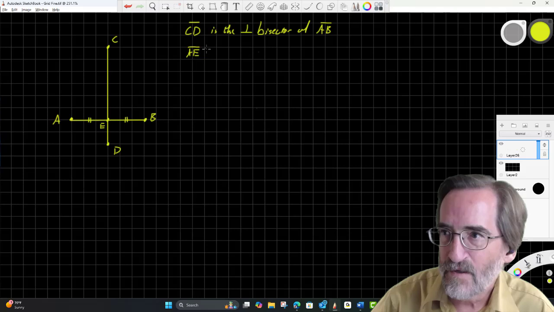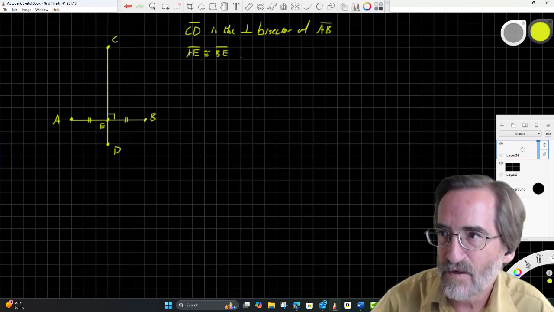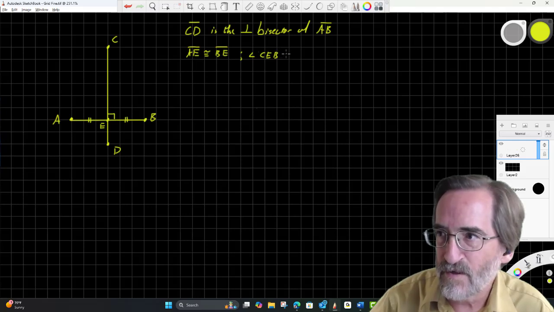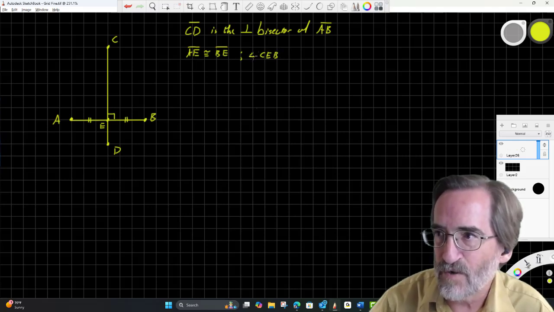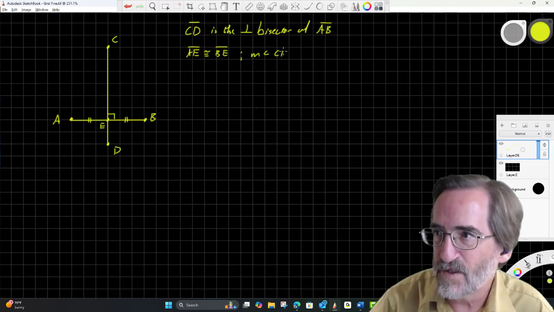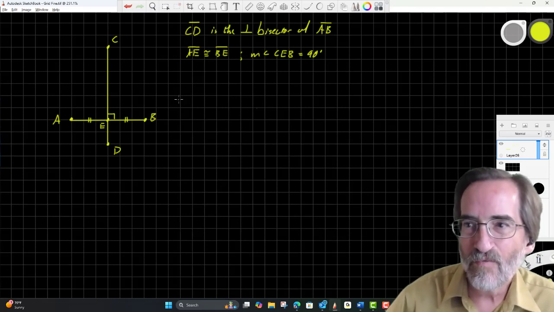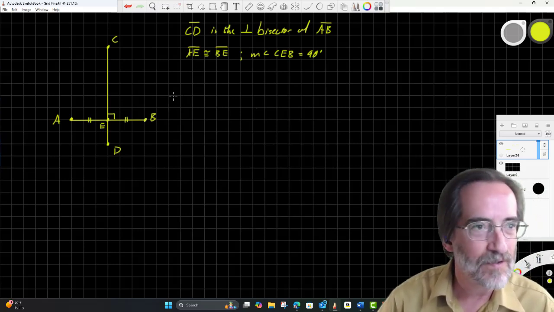AE is congruent to BE. And we're saying that angle CEB is or measures 90 degrees. The measure of angle CEB equals 90 degrees.